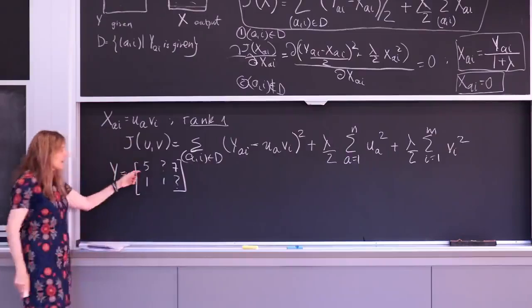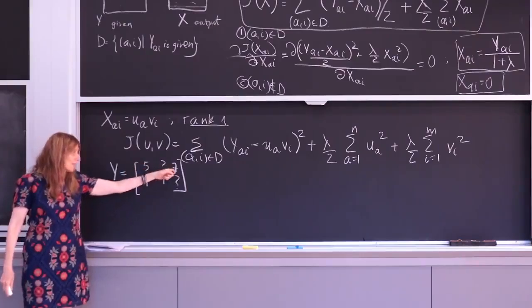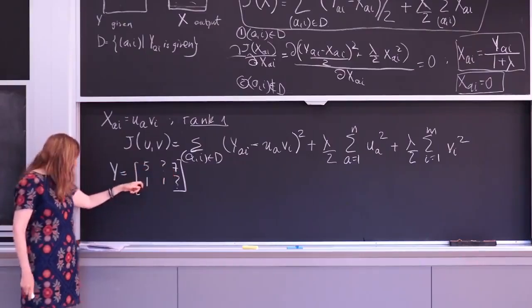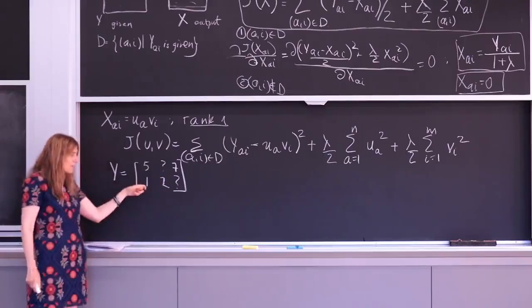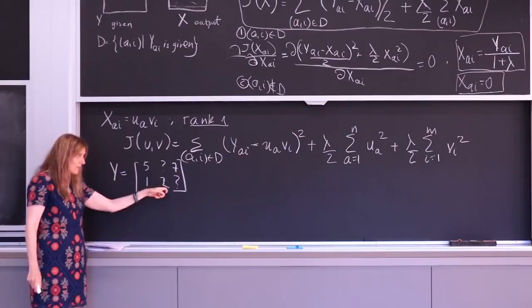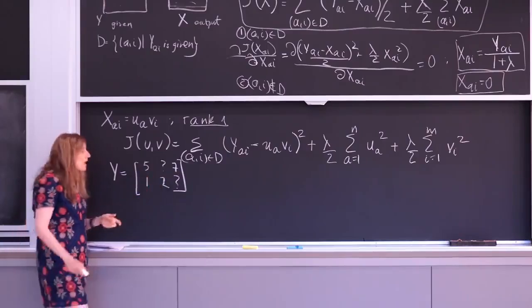What we see here is that the first user ranked the first movie and the third movie, and the second user ranked the first movie as 1 and the second movie as 2. So both of them have some values which are omitted.